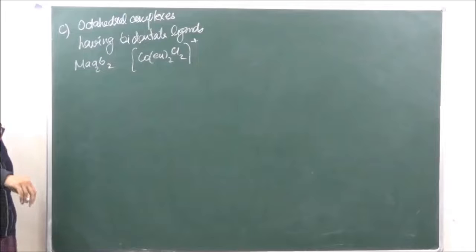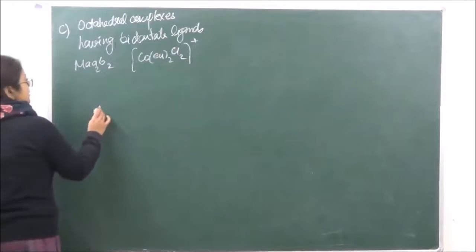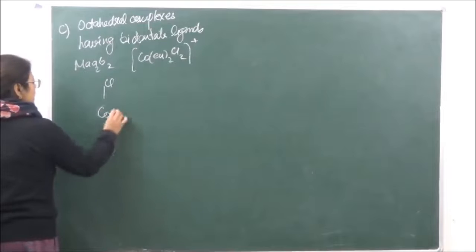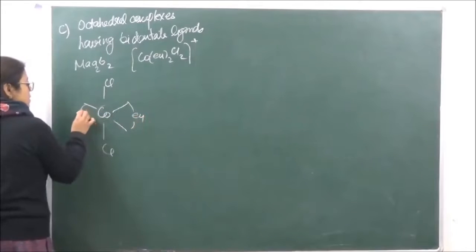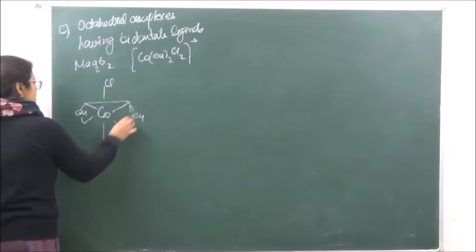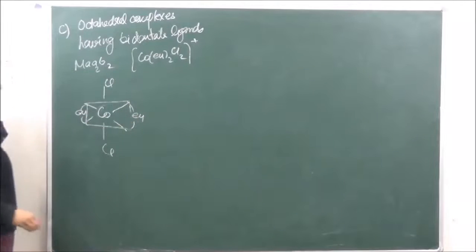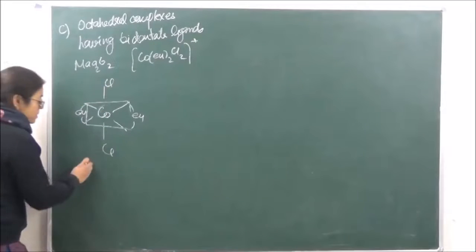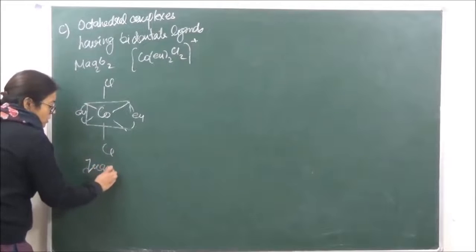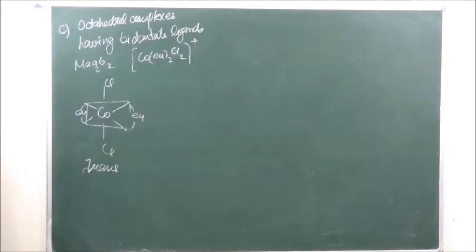Okay, so when we draw this, in this case if the chlorines are at opposite positions, that is we have over here cobalt, chlorine, chlorine, and ethylenediamine will be shown like this because it is a bidentate ligand. So over here chlorines are in opposite positions. So this is going to be the trans isomer.